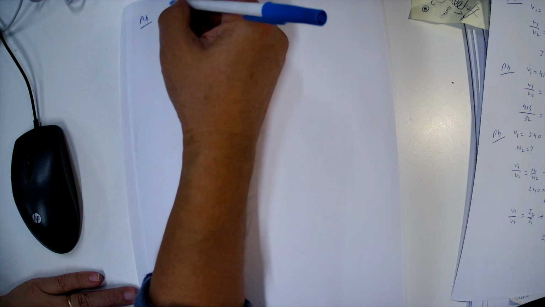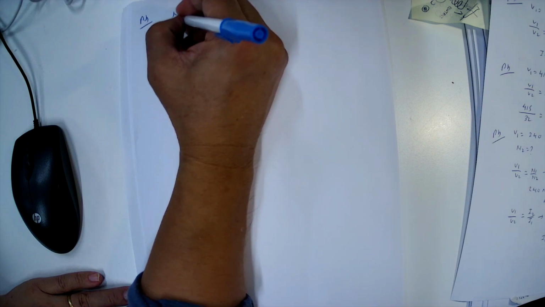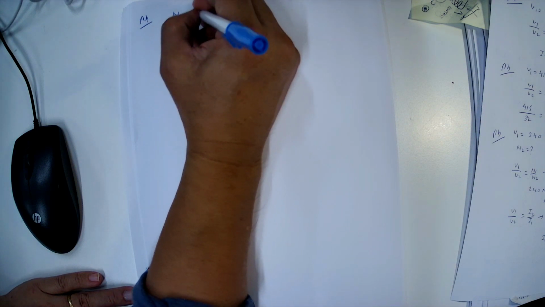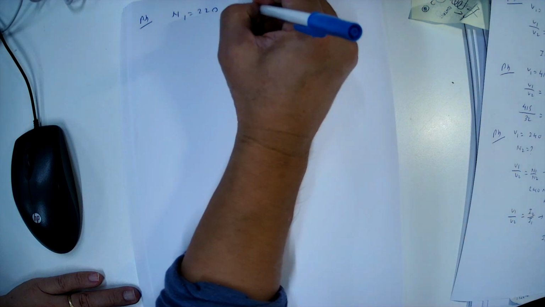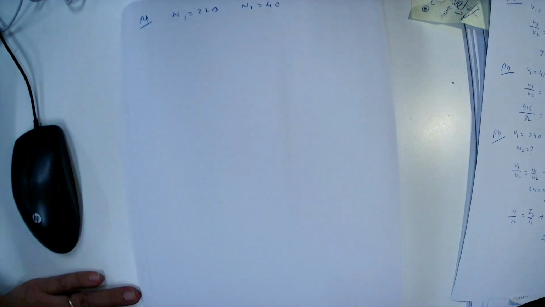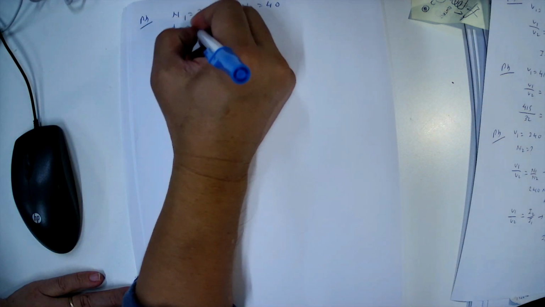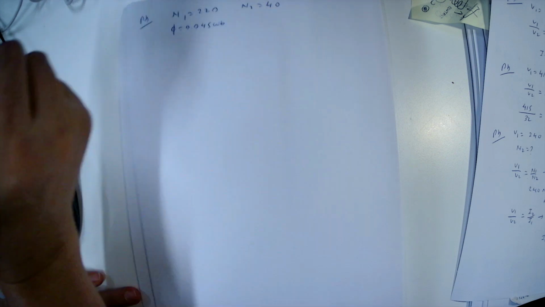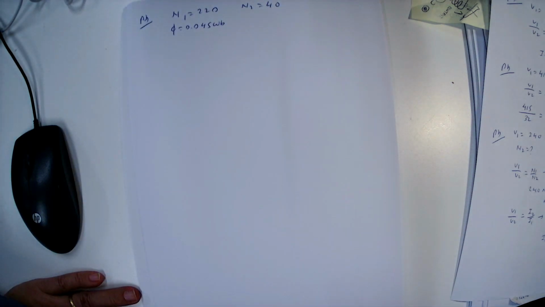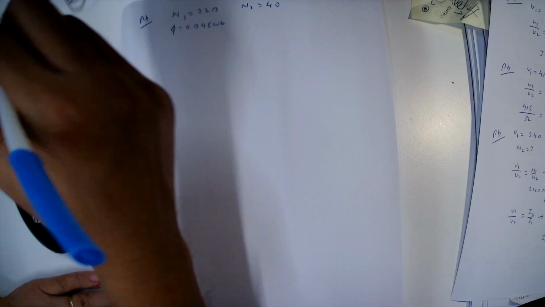So in this case, our transformer's number of turns N1 equal to 220, N2 equal to 40. Main core flux phi equal to 0.045 Weber, supply frequency 50 Hz.